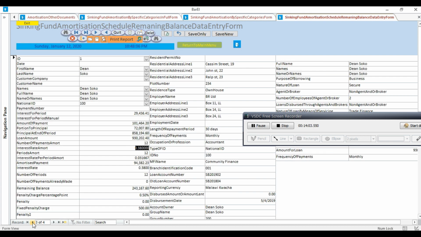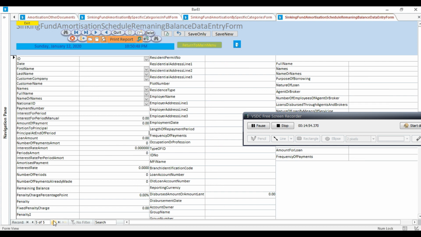And 101,464 is the amount of payment. This is the principal. Let us go to the fee.